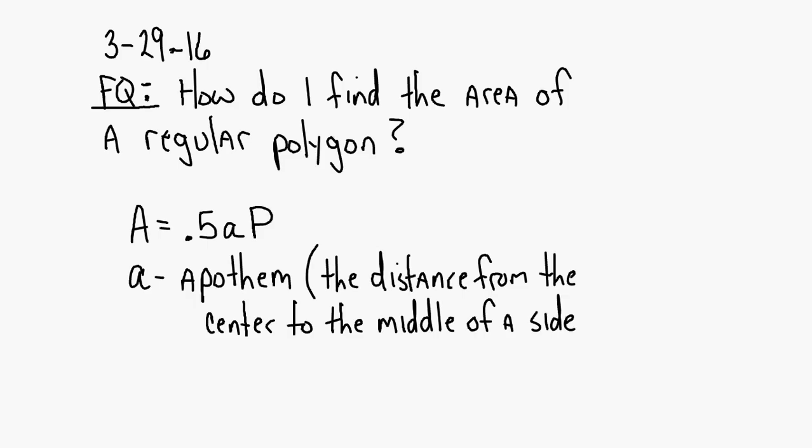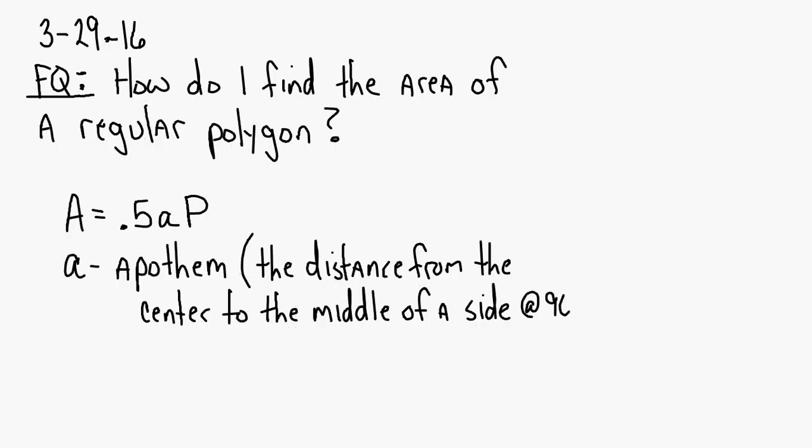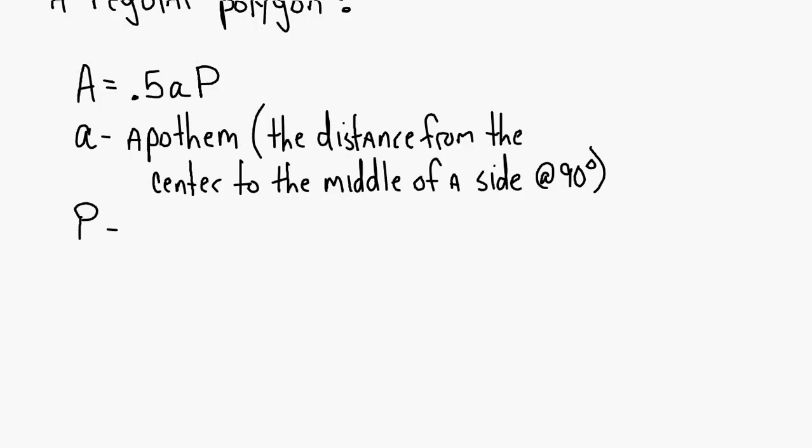Okay, the distance from the center to the middle of a side, and that's at 90 degrees. So it's a perpendicular segment. The big letter P is the perimeter of the polygon.